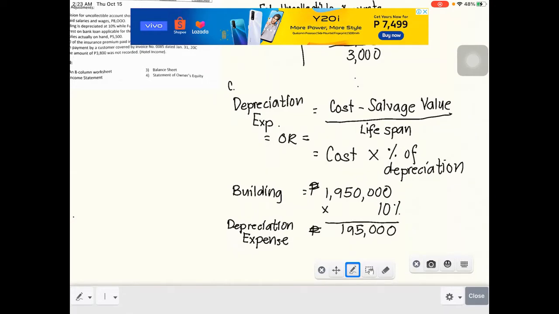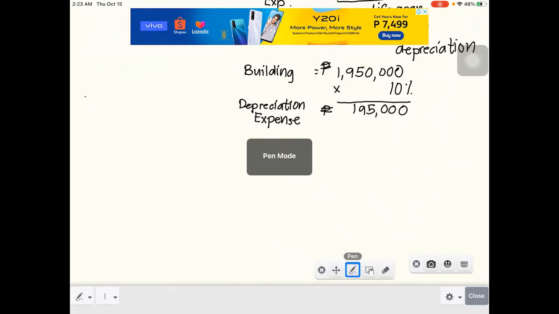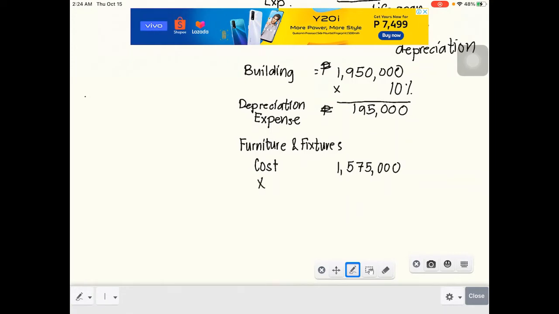While for the, what's the other one? Furniture and fixtures is 20%. So furniture and fixtures. So the cost is how much? How much is the cost for the furniture and fixtures? 1,575,000 times the provision is 20%.